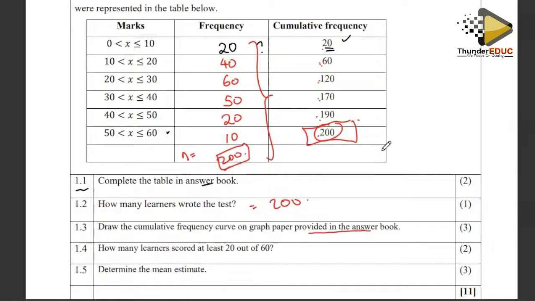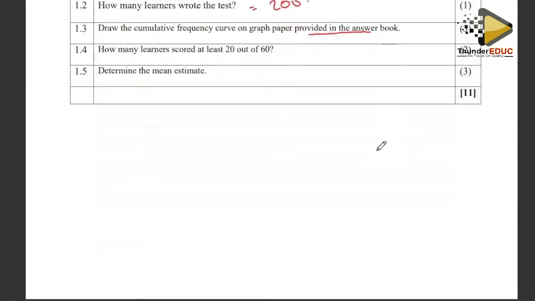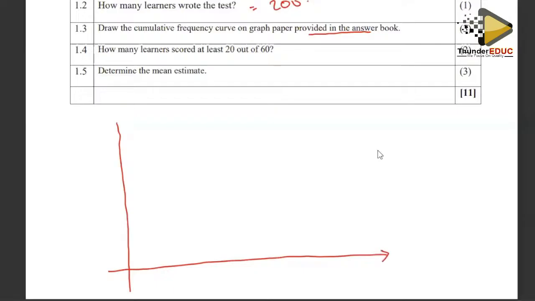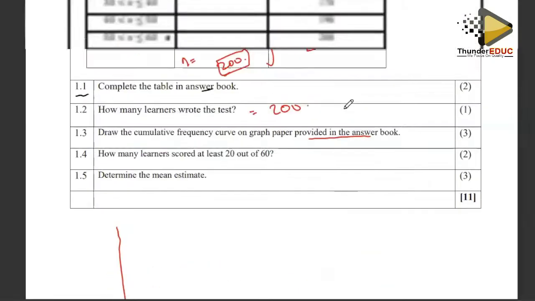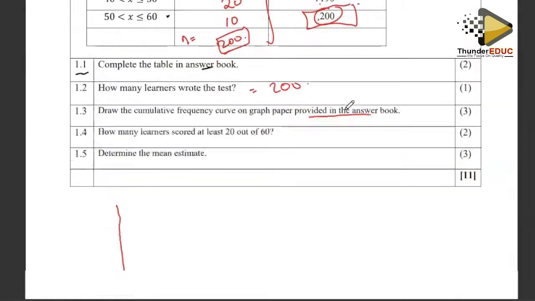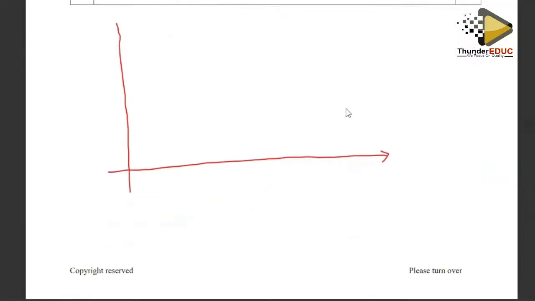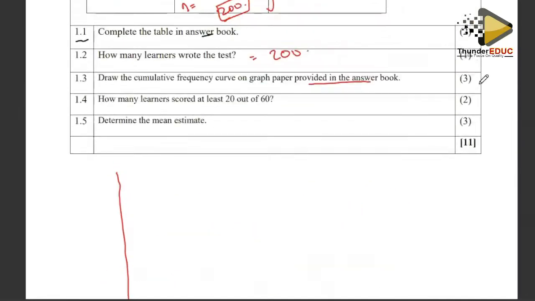I don't have that page, but I'll try to just put it down here, just for the purpose of people having an idea. With the intervals, we have 0 up to 60, so I can use 10. So 0, 10, 20, 30, 40, 50, and maybe 60.